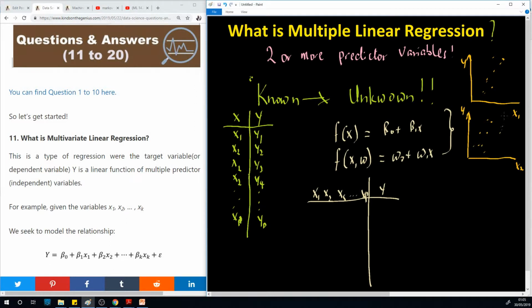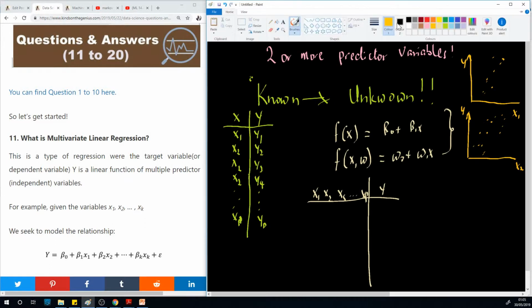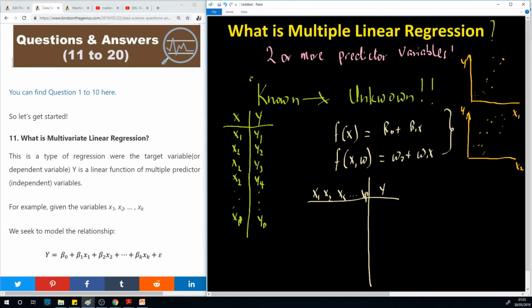So in this case, you actually have not done multiple linear regression. You are still doing simple linear regression, and you are simply doing pairwise plots of the predictor variables against the target variable.